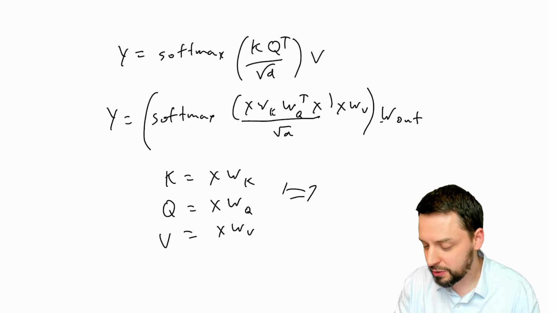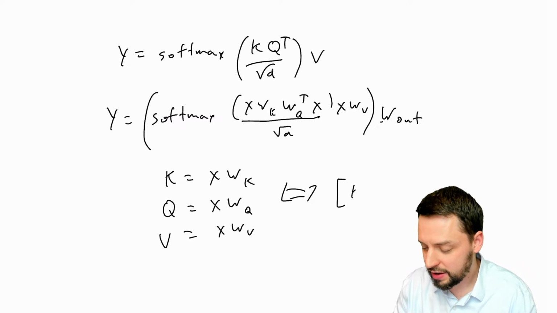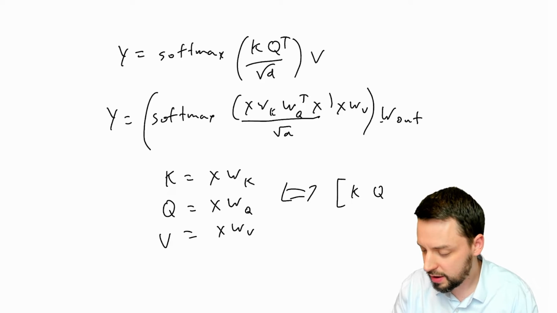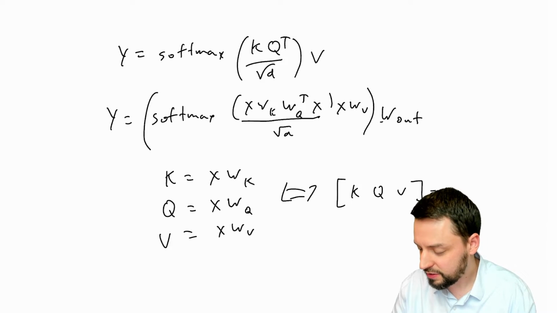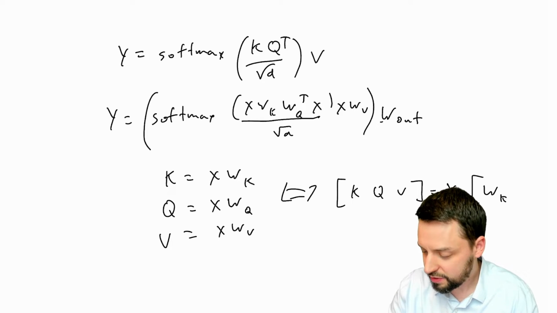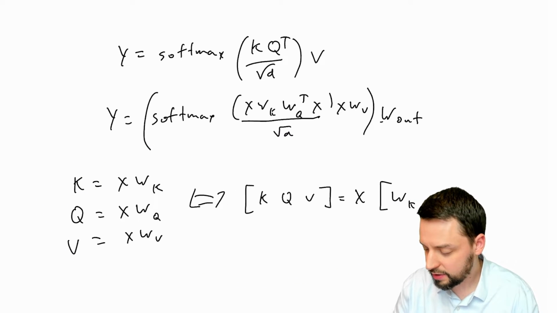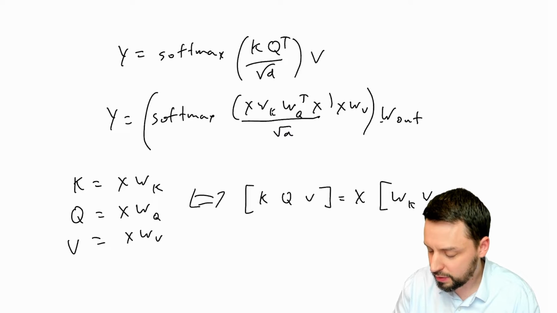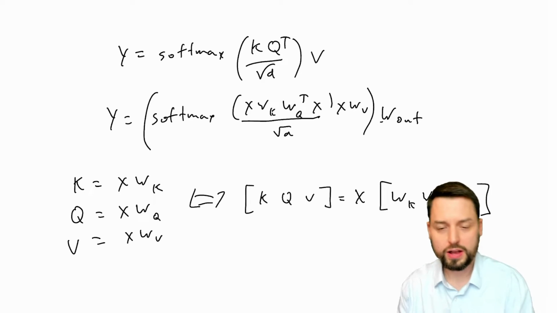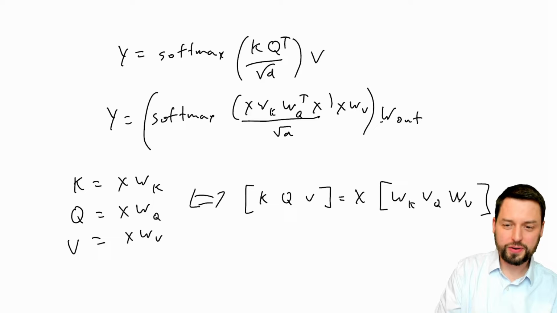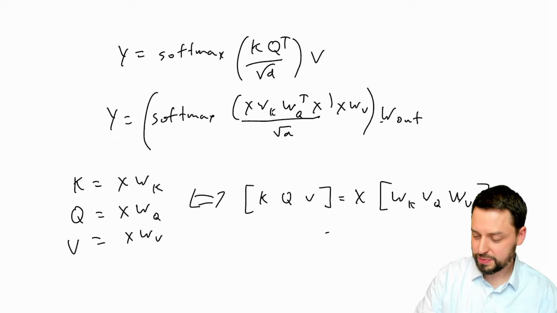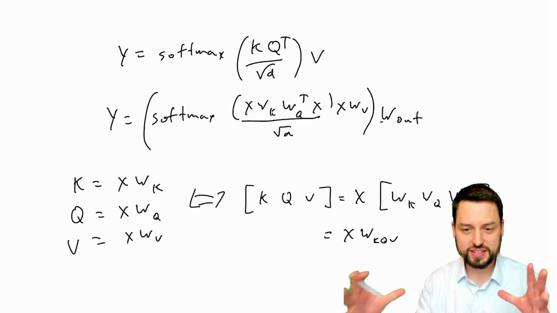What we should actually do is form a matrix that contains all of k, q, and v together, and form that as just x times a matrix that contains wk, wq, and wv. We can do that all in one go here. Of course, this could also just be written as x times w kqv, one matrix that contains the concatenation of all these things.